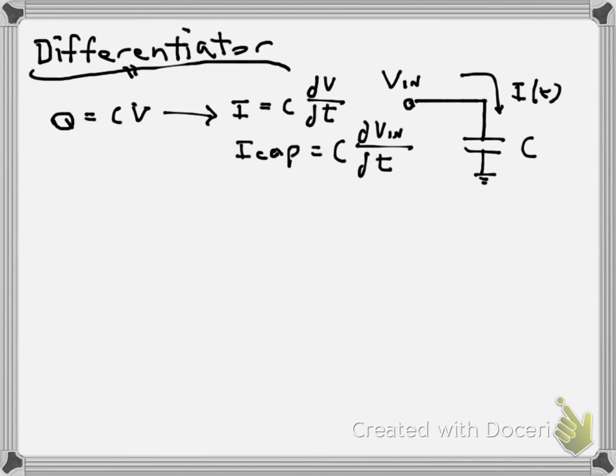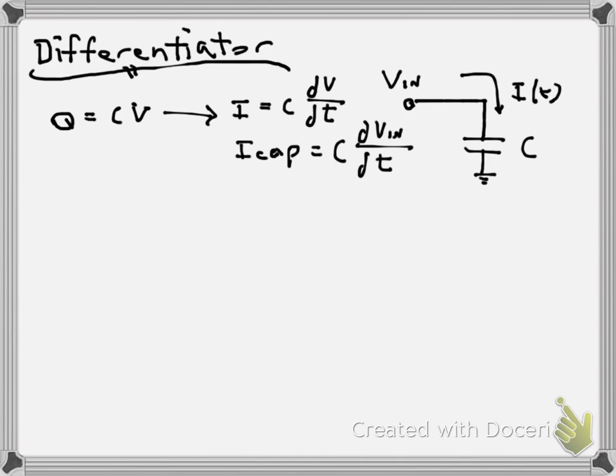The problem here is that we have no way of measuring this current. It's the current here that is proportional to the rate of change of the input voltage, and we don't have a way of getting at that current directly in the circuit I've drawn.